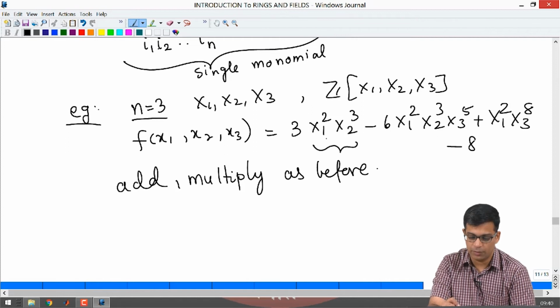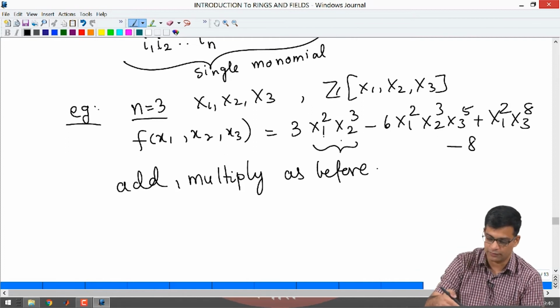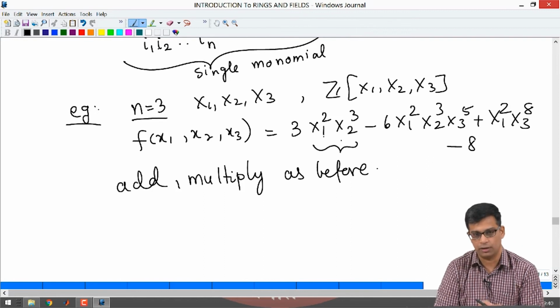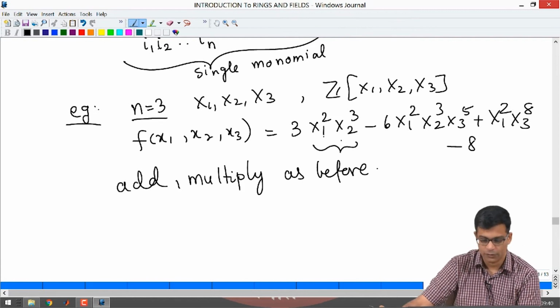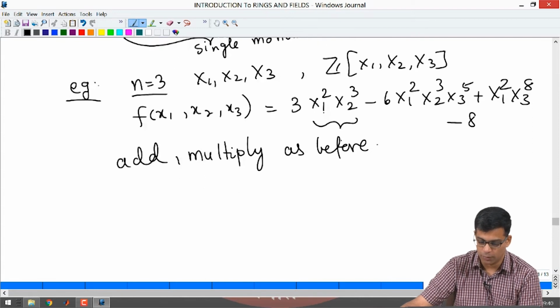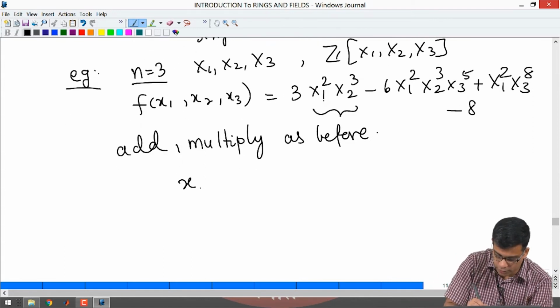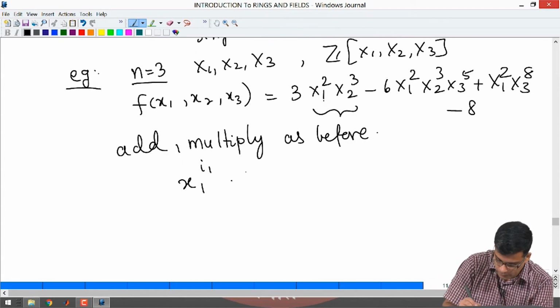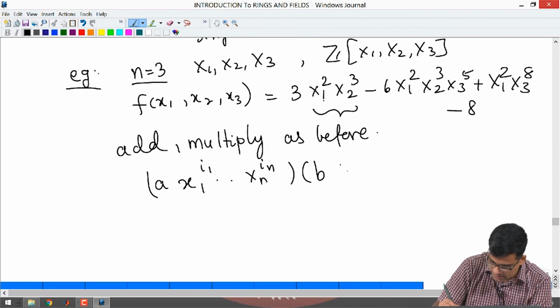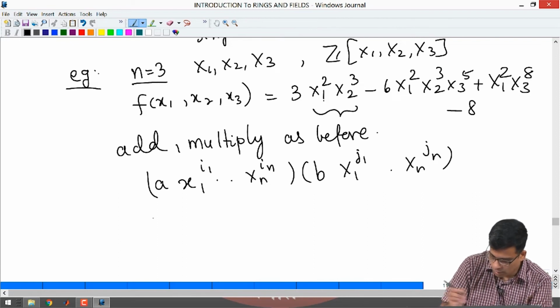So, a like term will be something which has x1 squared x2 cubed. In the other polynomial, you will see if there is such a term, and then you add the coefficients. Multiplication is the same. How do you multiply? Again, I only have to tell you how to multiply two monomials. So, let us say we have this and this. How to multiply them?